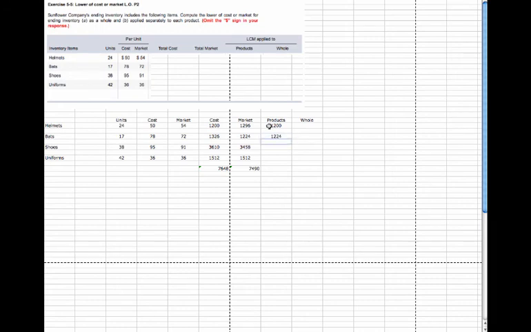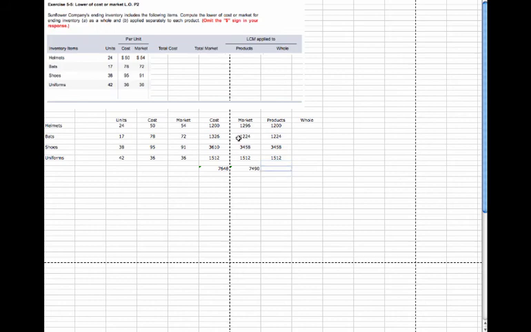In other words, we have to reduce the value of that inventory item to reflect the decrease in the market price. The next one here is the shoes. Our cost was $3,610, and our market was $3,458. Take the lower of the two, $3,458. The last one is the uniforms. They're exactly the same price. They didn't change, so we're going to take $1,512.